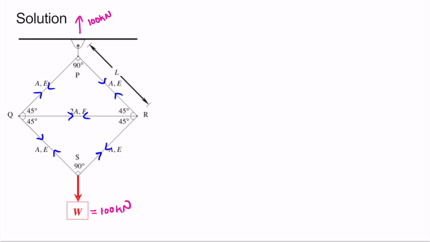Now let's start with this joint S. So let me separately draw this joint S. So here is the applied load, which is 100 kilonewton. So this force here is FSQ and this force is FSR.